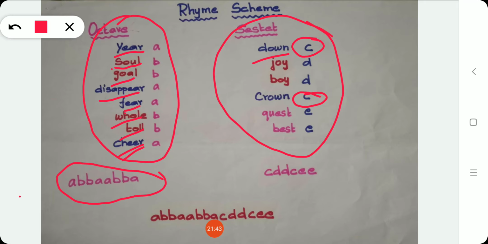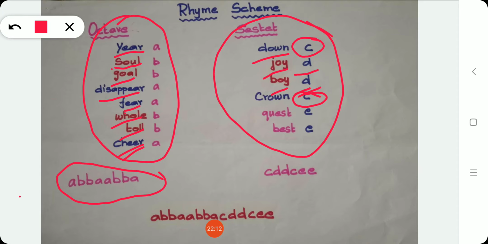Understand? Now look at the next word. It is joy. Down and joy are not rhyming, so I am going to give the new alphabet, the next alphabet D. Again joy and boy are rhyming, so I am giving the same alphabet D. See, again quest is not rhyming with joy, boy or down, crown.